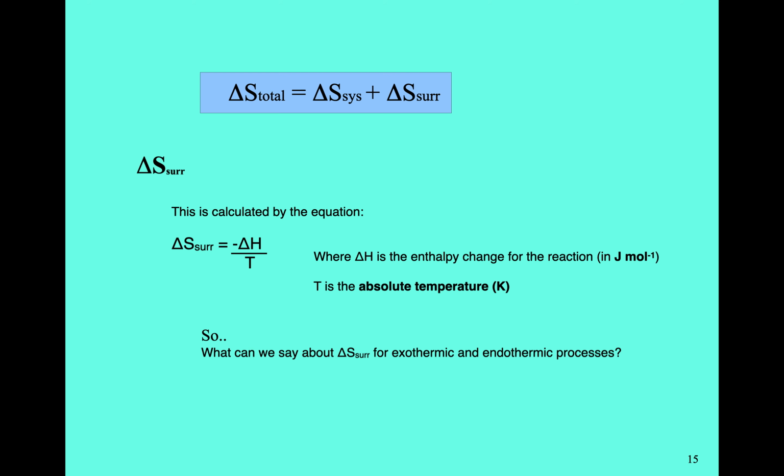Okay, now, what does this say? Well, for an exothermic process, if delta H is negative, then delta S for the surroundings is going to be a negative times a negative, positive. So for an exothermic process, the entropy of the surroundings increases. For an endothermic process, as this is positive, then this becomes negative, the entropy of the surroundings decreases.